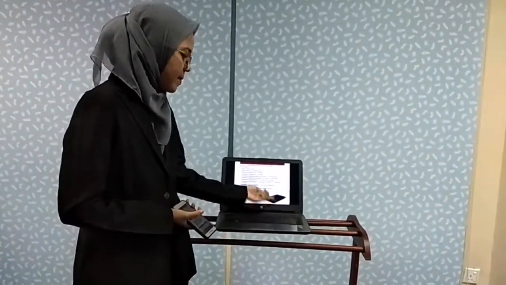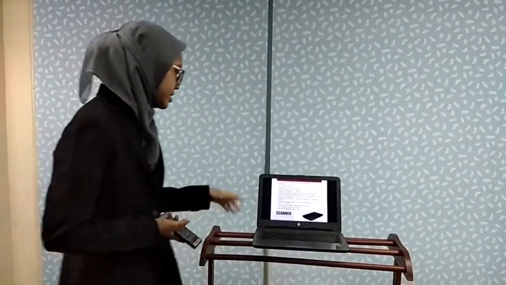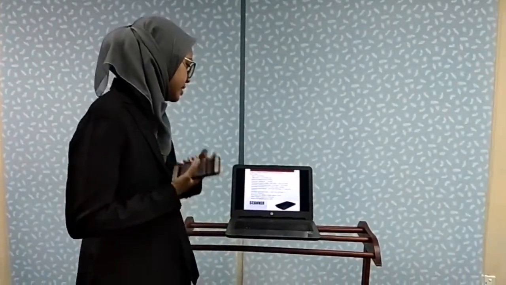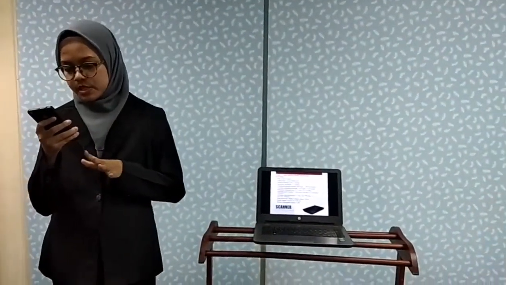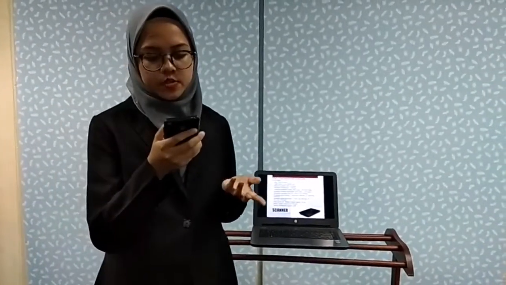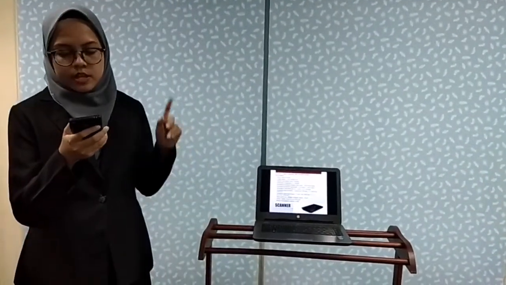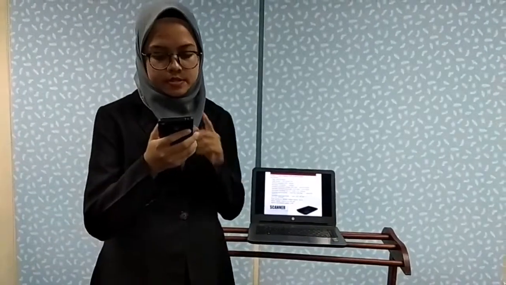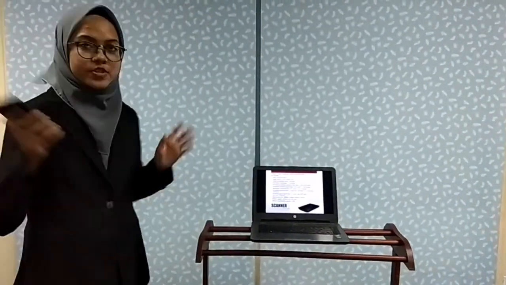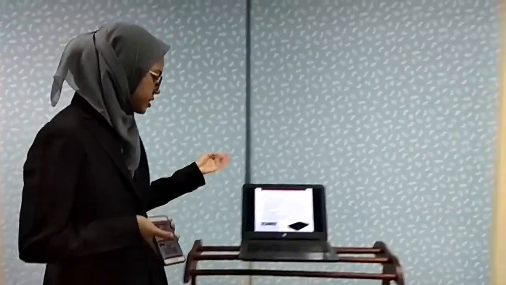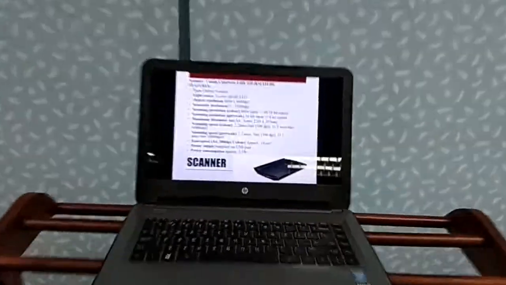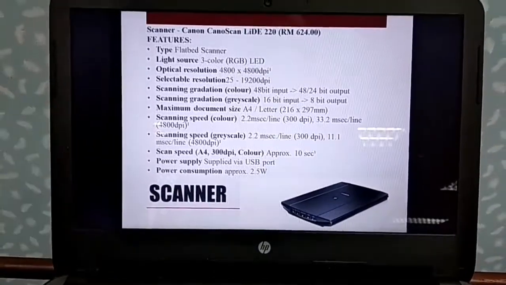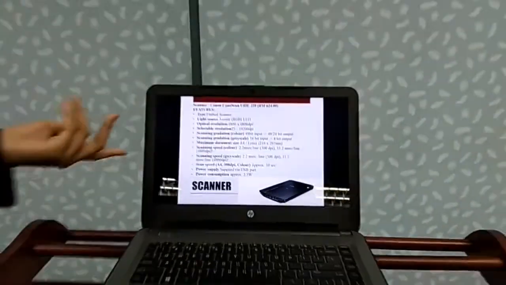The light source is 3-color RGB LED, its optical resolution is 4800, and the acceptable resolution is 25 until 19,200 pixels. As you can see, the features are very interesting and very suitable for Lisa. That's why we choose this type of scanner.